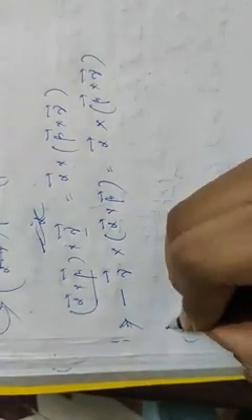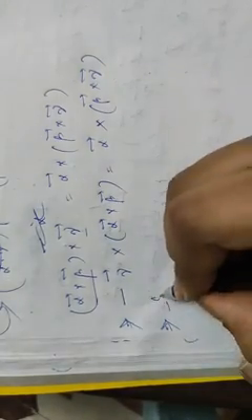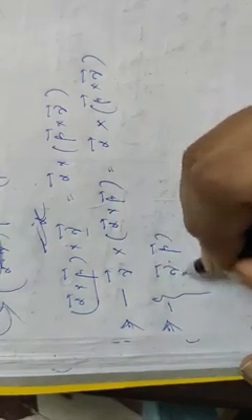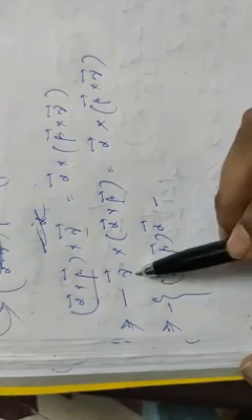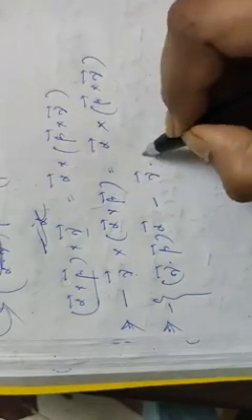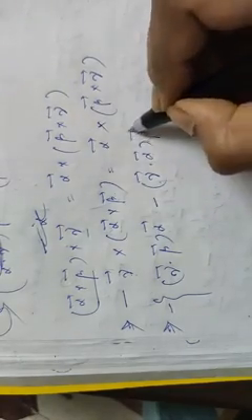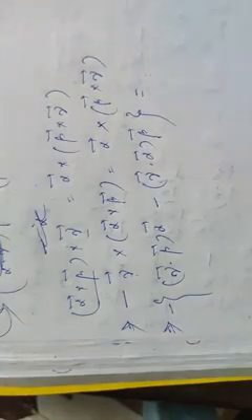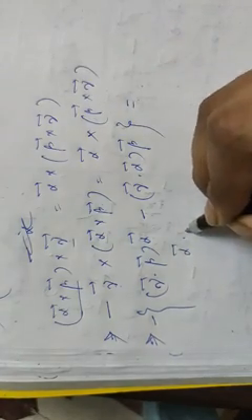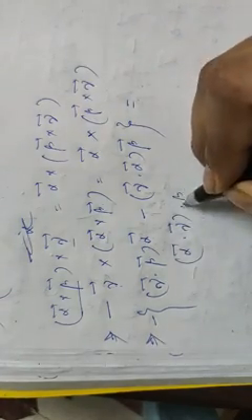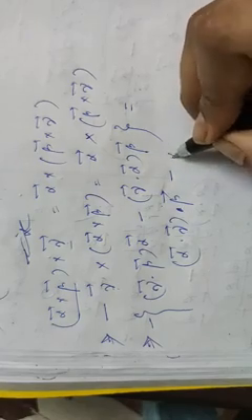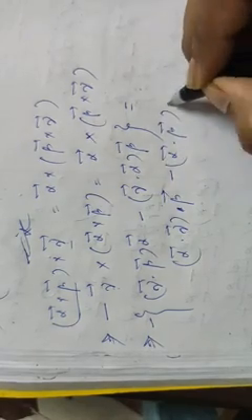Now apply the rule of vector triple product. What will be the rule? It will be gamma dot beta then alpha minus gamma dot alpha then beta. And from the right hand side we can write alpha dot gamma then beta minus alpha dot beta then gamma.